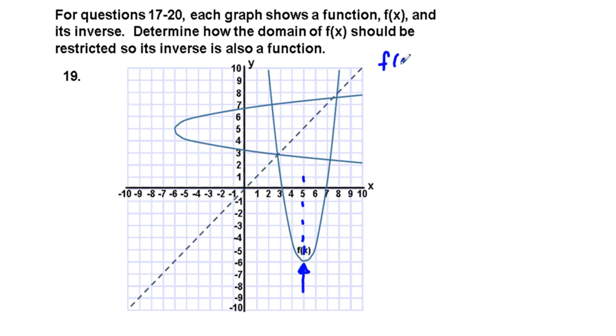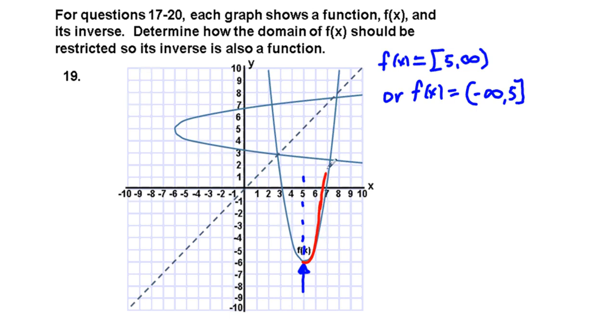The domain of f of x can be greater than or equal to 5, or f of x can be greater than negative infinity but less than or equal to 5. So either one of these restrictions will give us a function as an inverse. So I'm just going to do one. If we have greater than or equal to 5, we have this one in red here that I'm drawing.